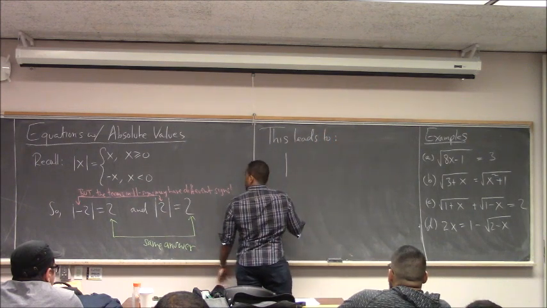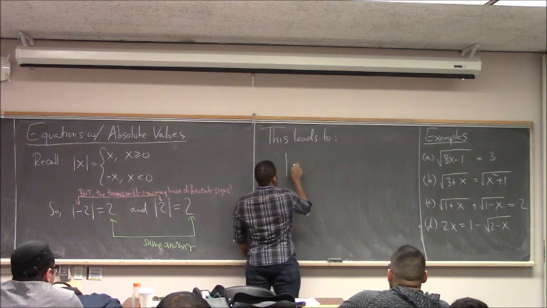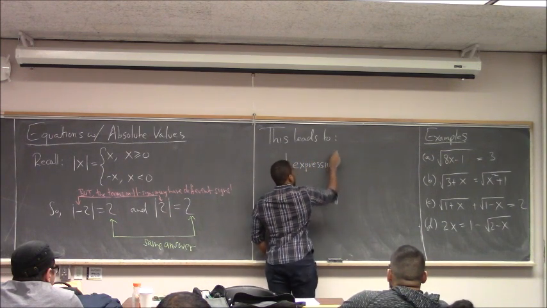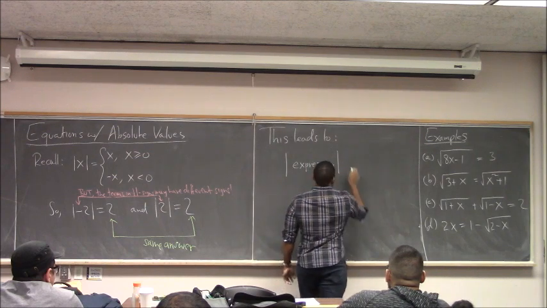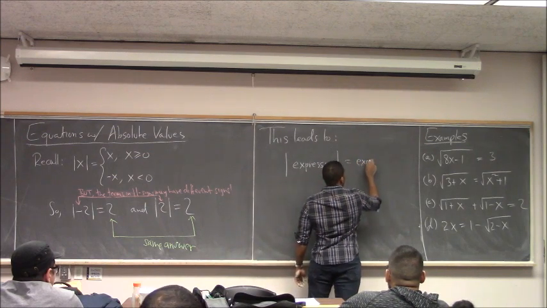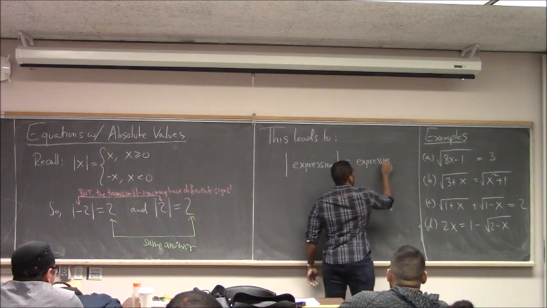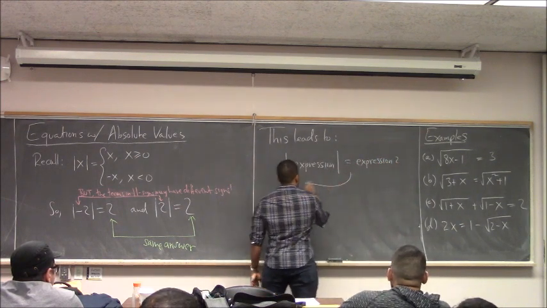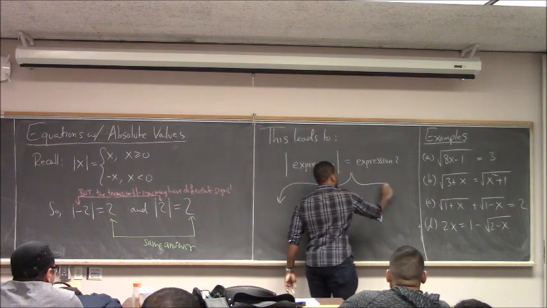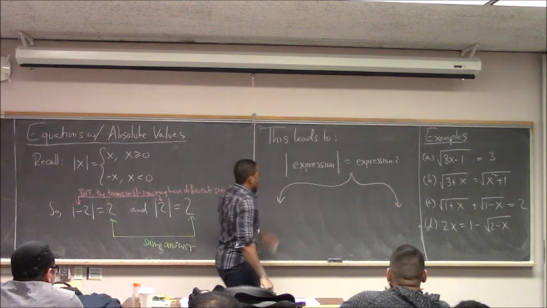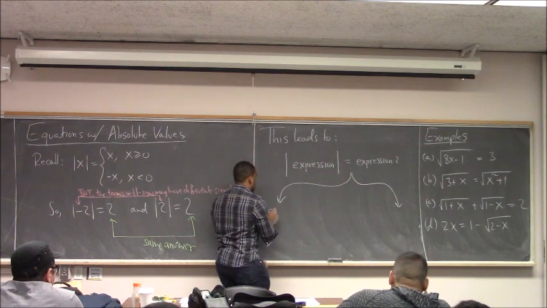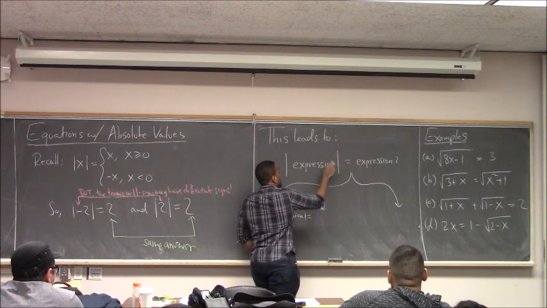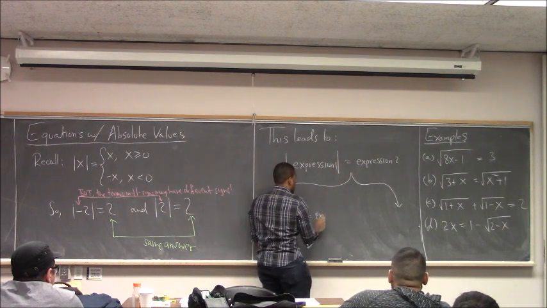So you're given an equation, right? So you have some expression in absolute values equals some other expression. Then this breaks down into two possible scenarios. Either you can take the inside expression as is, expression 1 equals expression 2.